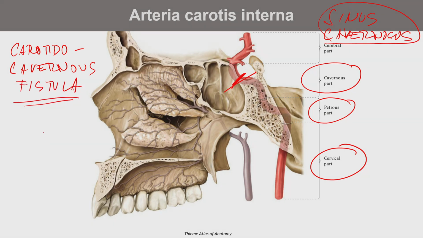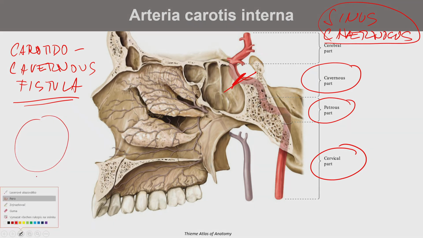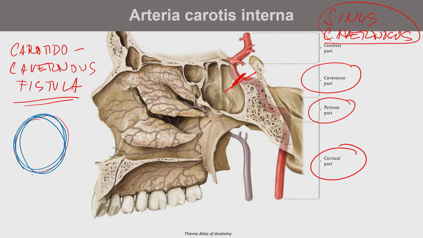What happens? This is a cavernous sinus with venous blood, and inside we have roughly the artery. And when you have an injury here, the blood from the artery is going to the vein, and the vein is inflated.